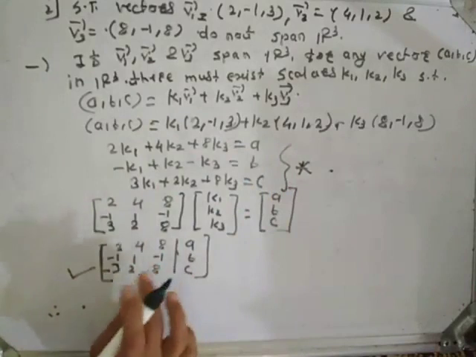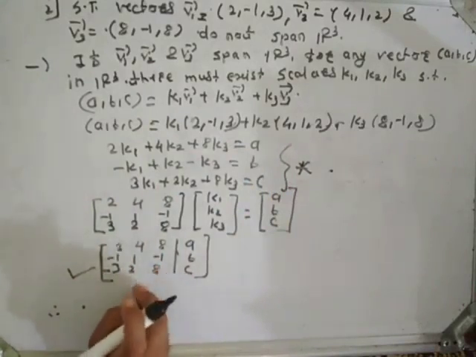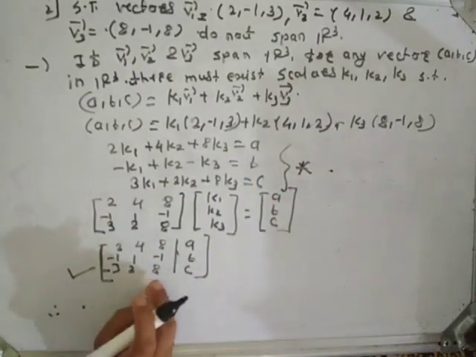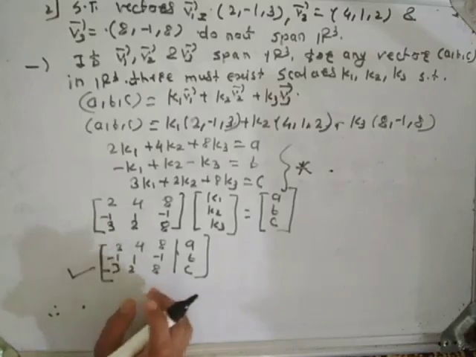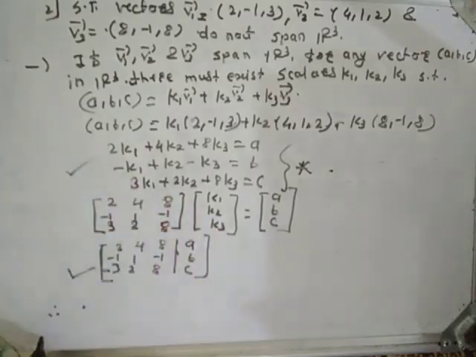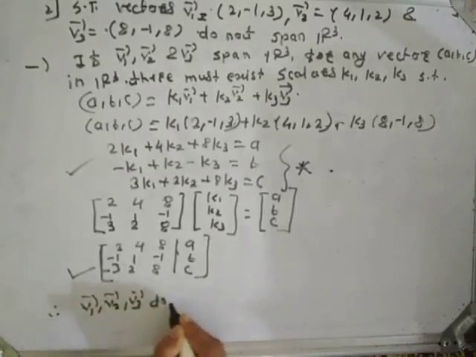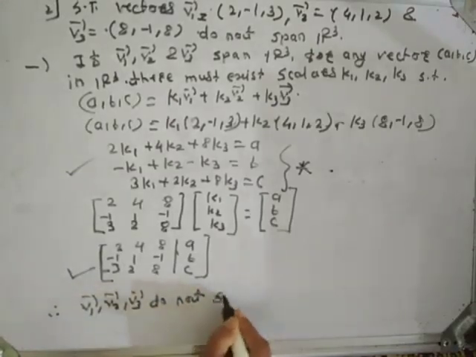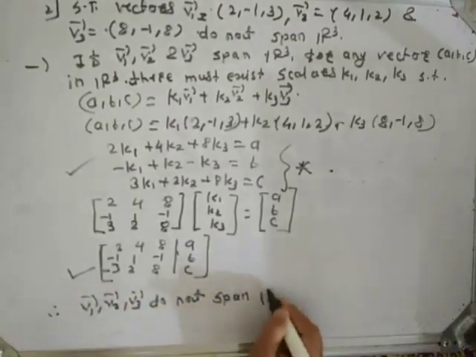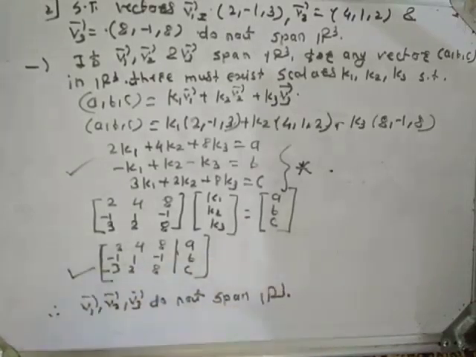Obtain the reduced row echelon form and check that the values of K1, K2, K3 do not satisfy system star. So V1 bar, V2 bar and V3 bar do not span R3. Okay, we will stop here. Thank you.